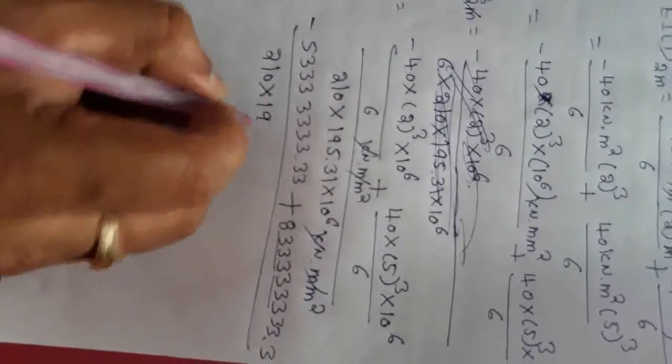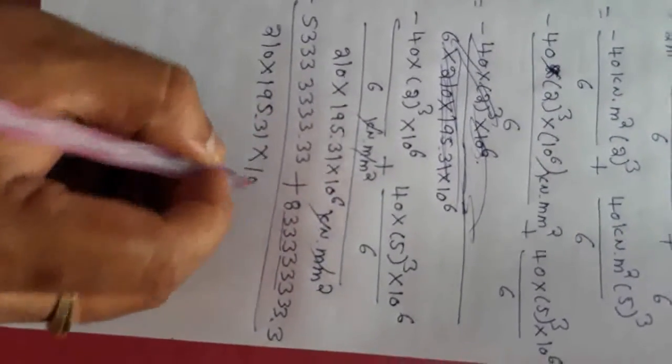Then 83.3 by 210 into 195.31 into 10 to the power of 6.